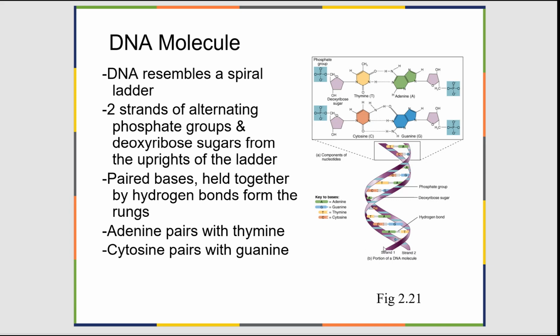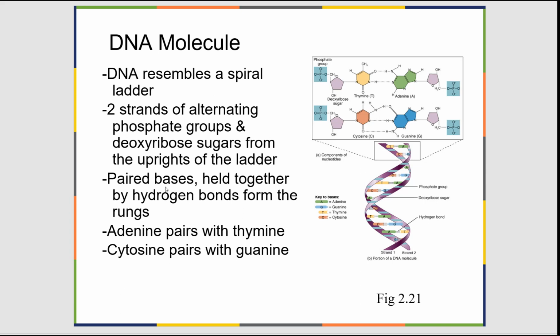You've got your phosphate groups and your deoxyribose sugars on the solid part of the ladder, and the rungs are made up of the nitrogenous bases. And that nitrogenous base is either the A, T, C, or G, because we're talking DNA.